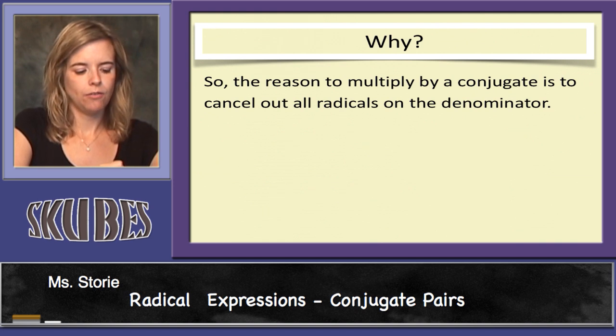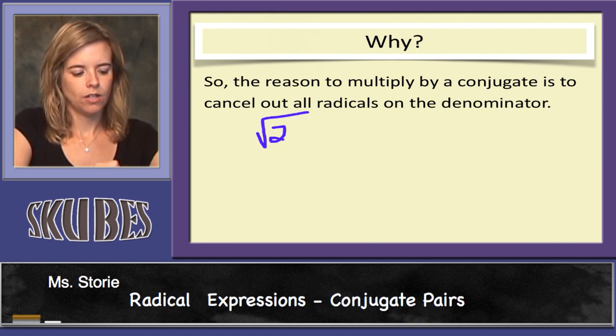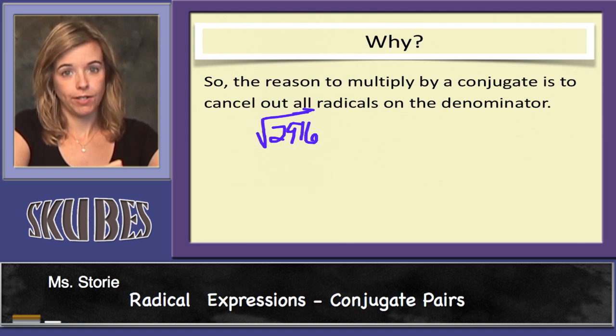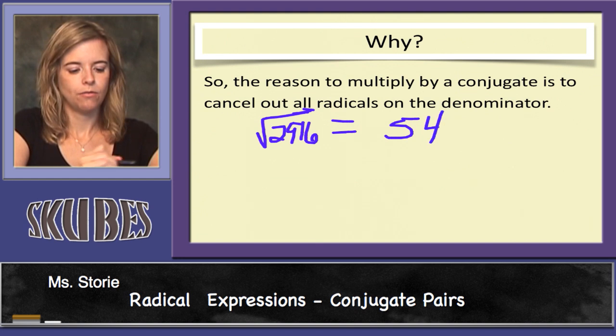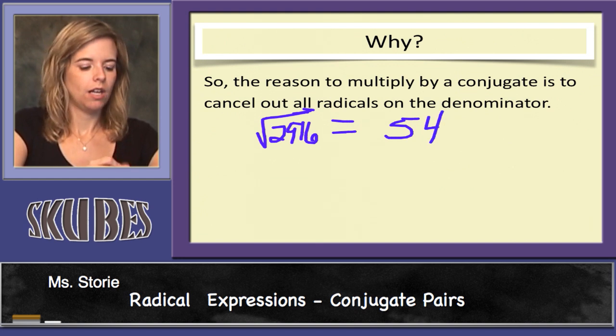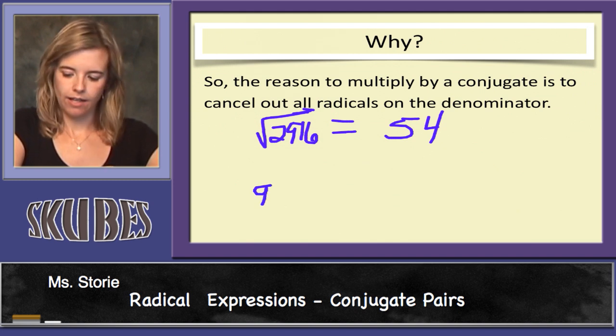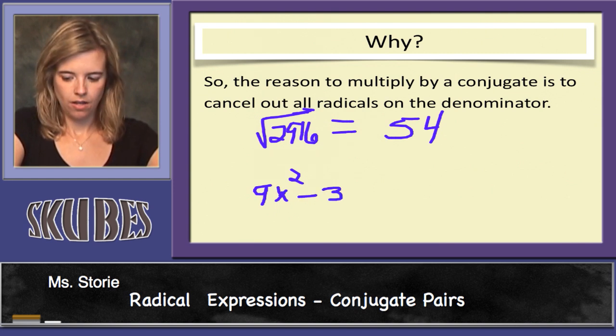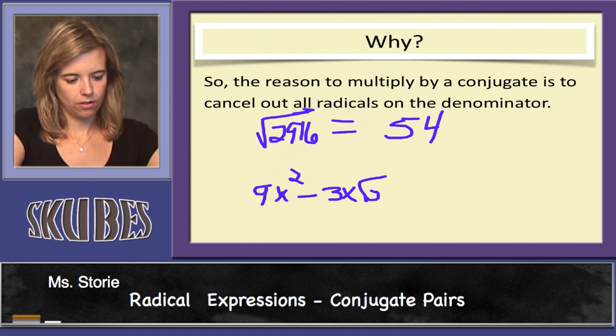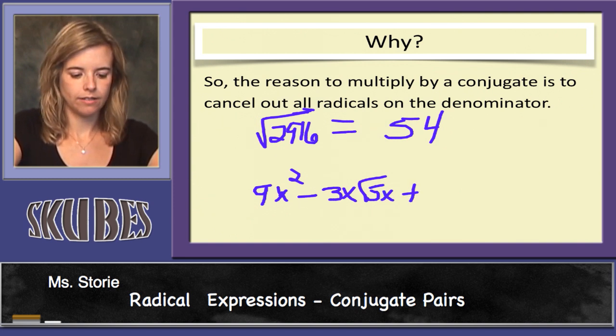So, if we take radical 2916, and it's a big one, so instead of doing a factor tree, just punch it into the calculator, and it turns out that it equals 54. On the bottom, we're going to end up with that lovely 9x squared minus 3x radical 54 plus 3x radical 54.